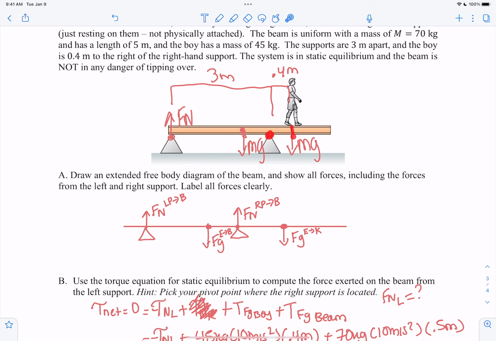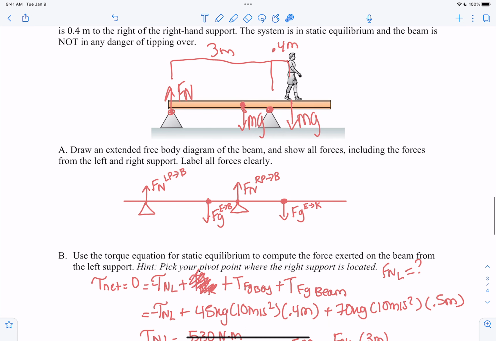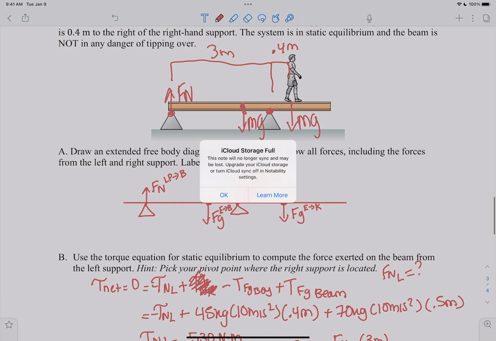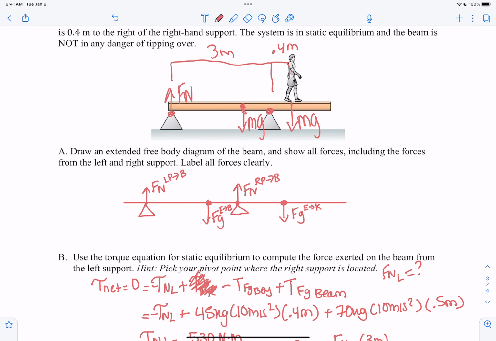So if this is our pivot and we're going this way, this is a clockwise direction, right? So if it's clockwise, it should be negative for the force of the buoy. Oh, hold up. Yeah, clockwise for the force of the buoy, or for the torque of the buoy in that case, right?